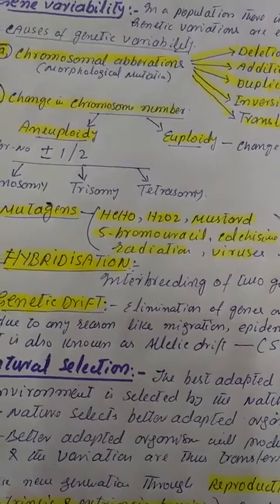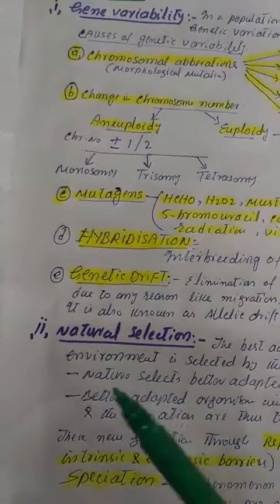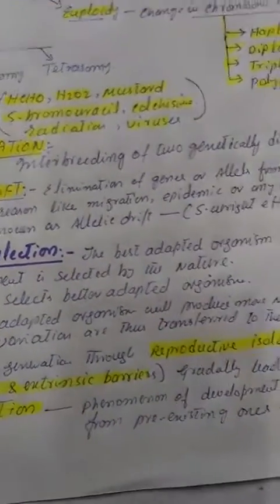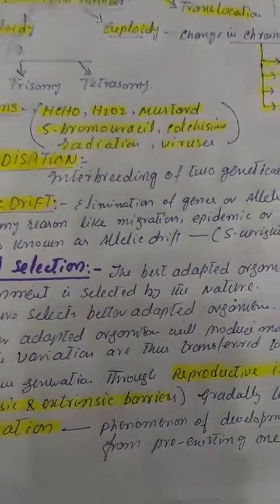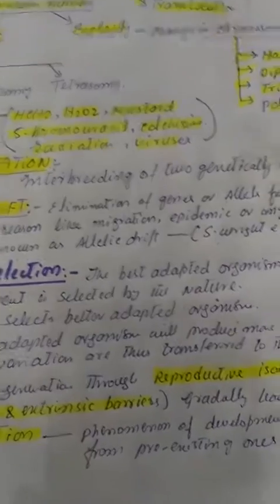Another important postulate of this theory is natural selection. The best adapted organisms for any environment are selected by nature.